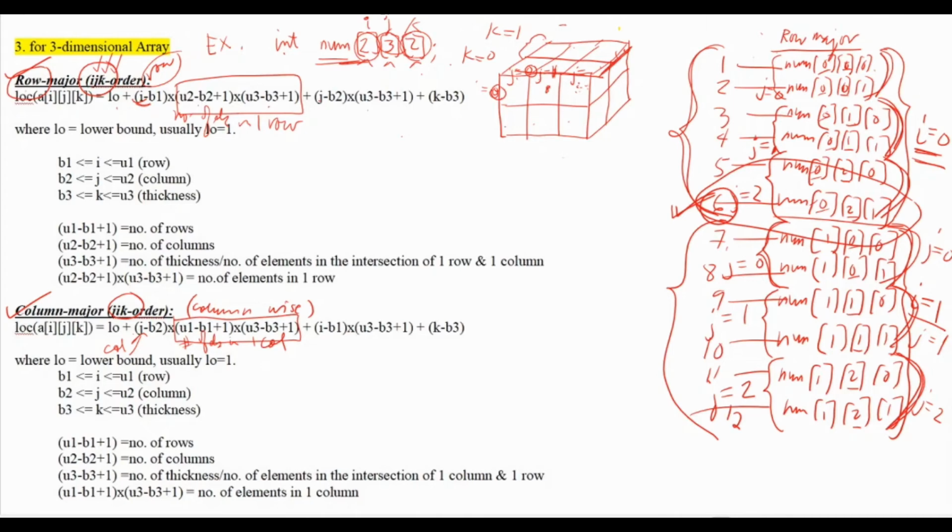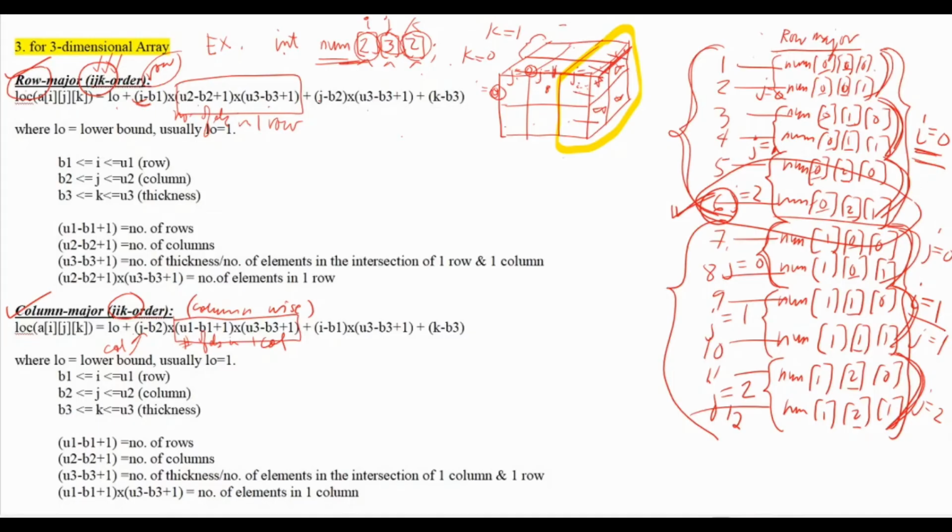In one column, if we're going to take one column, say this column, how many elements are there? There are 1, 2, 3, 4, right? 4. And how did we get 4? By simply multiplying the number of rows and the number of thickness.